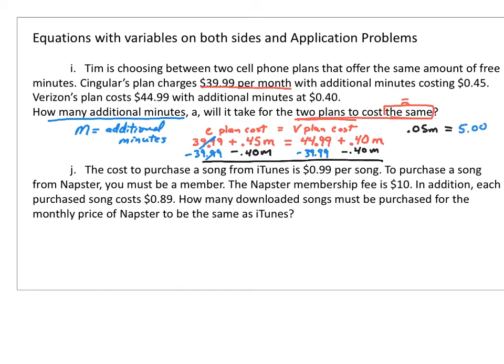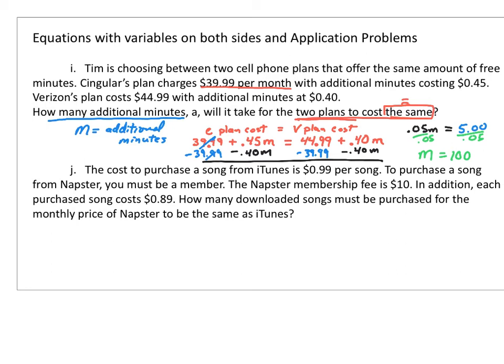You don't need those decimal points on there if you don't want to. So then we could divide by 0.05. And m will be 5 divided by 0.05, 100. I should have guessed that, but I just didn't want to make a silly error in calculation.